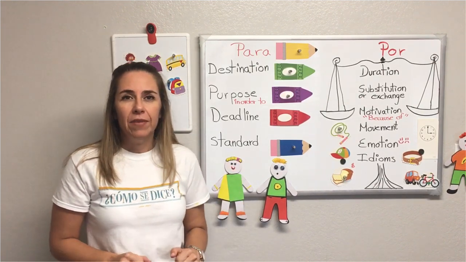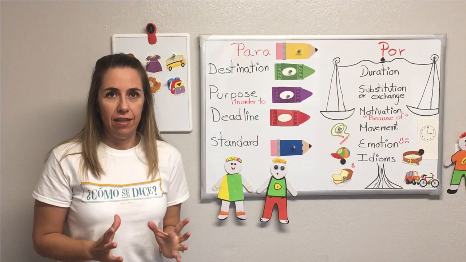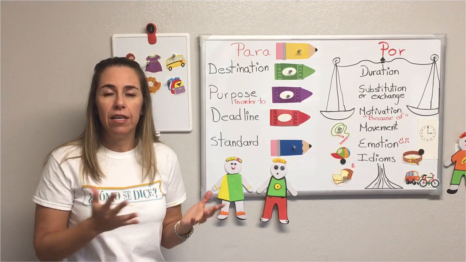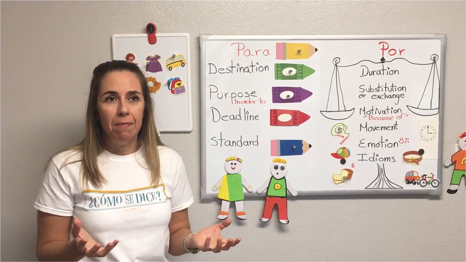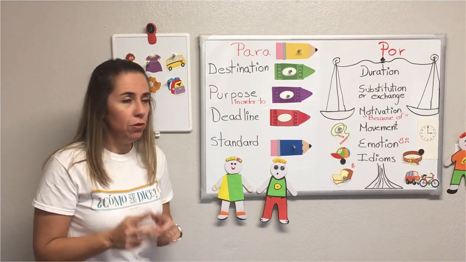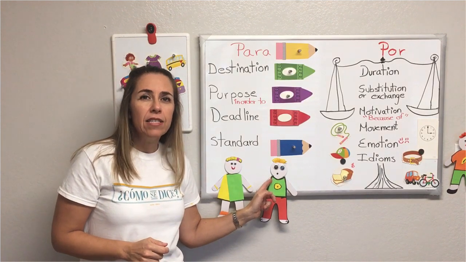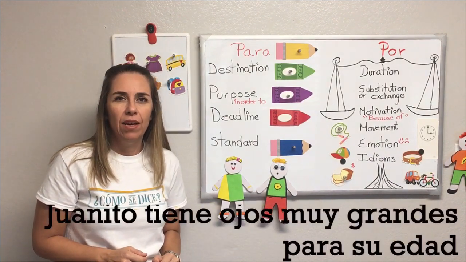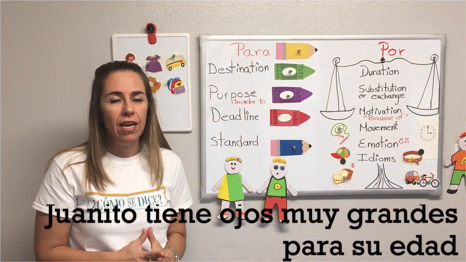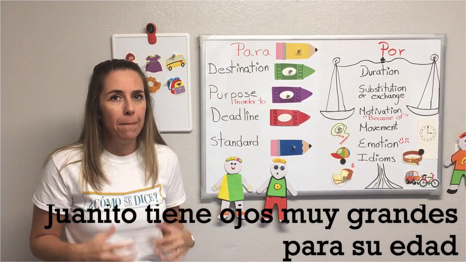Standard. For a standard, it's like a general idea that we have about something, and it can also be something in my opinion. I'm gonna give you two examples. Juanito has big eyes for his age. Juanito tiene ojos muy grandes para su edad.